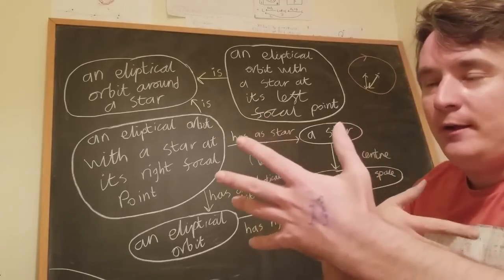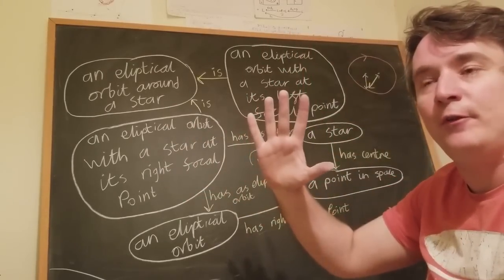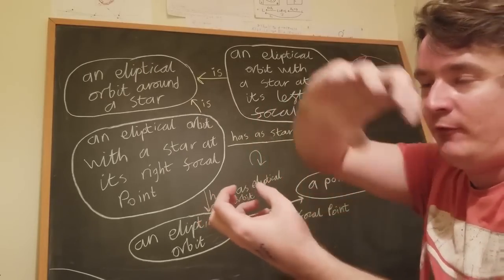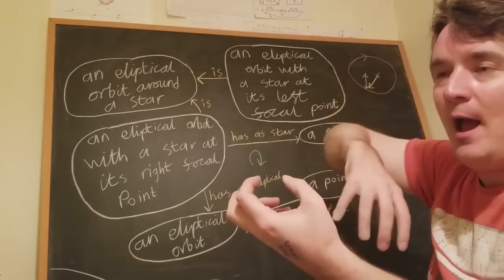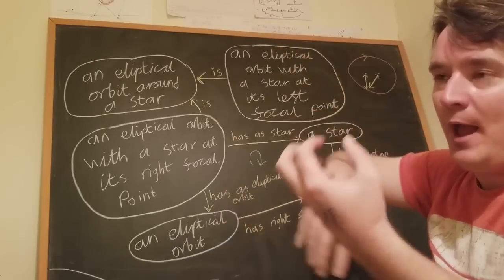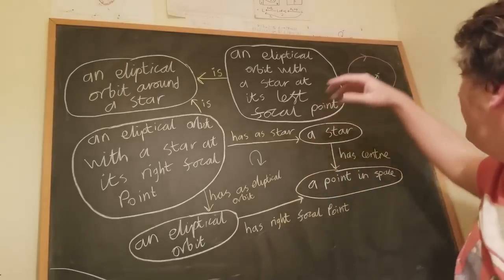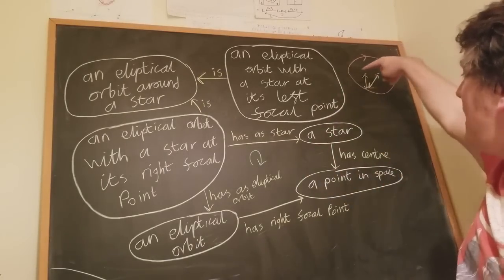So Kepler was an astronomer who made these different laws of astronomy, and his first law is that a planet moves in an orbit which is an ellipse, and an ellipse has two special points called focal points. So these two focal points sort of define an ellipse.